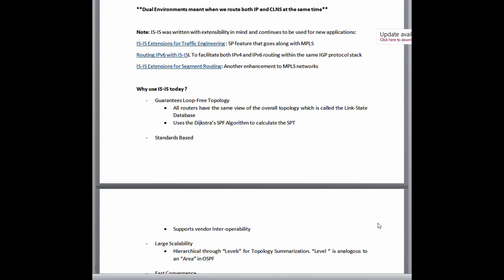It uses the Dijkstra shortest path first algorithm to calculate the shortest path tree to reach the various destinations or prefixes in the network. It is standards based, so it guarantees inter-vendor operations. It's not tied to any particular hardware vendor, be it Cisco, Juniper, or any other vendor in the market. So it works across platforms.